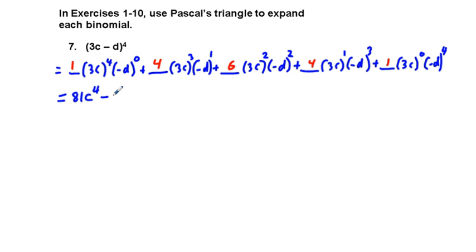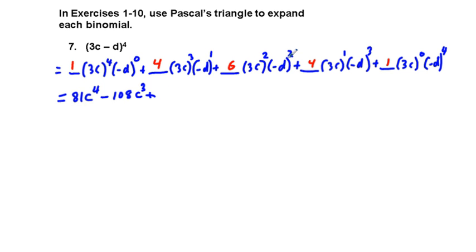And the next one we're going to have is minus, and I know because negative d to the 1st power, well, the negative sign in the 1st power, that's going to be negative. And we're going to have 4 times 3 cubed. That's going to be 4 times 27, which is 108. Okay, we have 108c to the 3rd power.